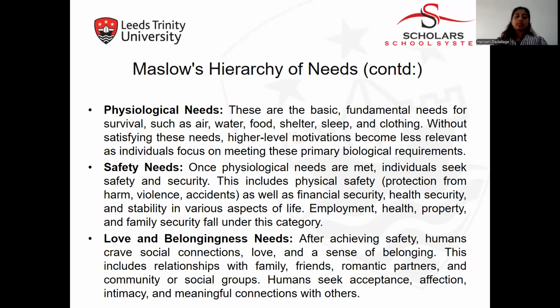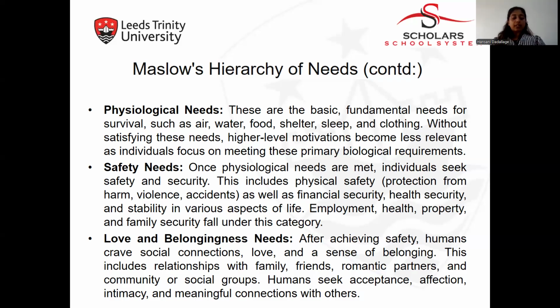So, their first focus is achieving physiological needs. If it is satisfied, then they will seek safety needs. That means individuals seek safety and security. This includes physical safety as well as financial security, health security, and stability in various aspects of life.